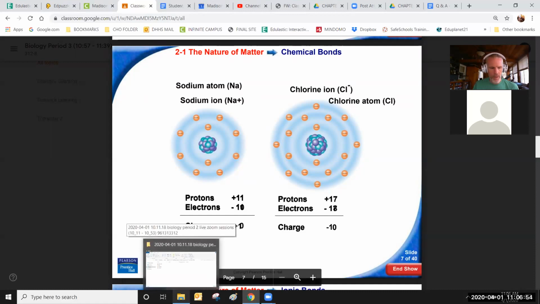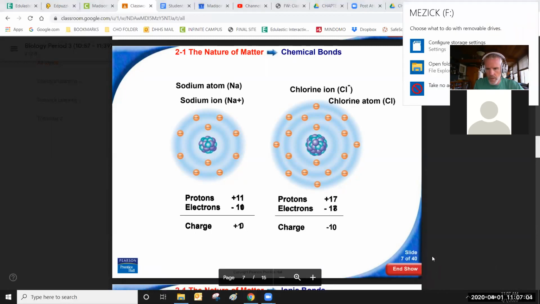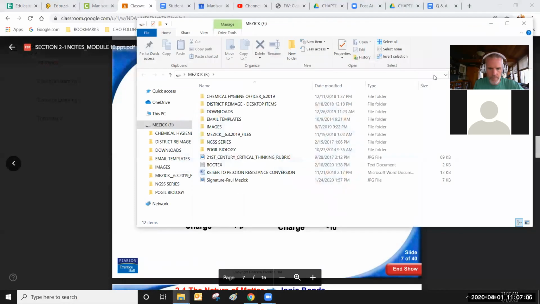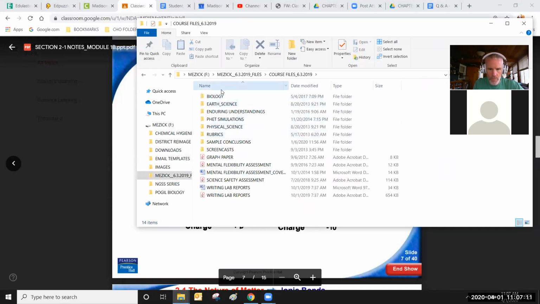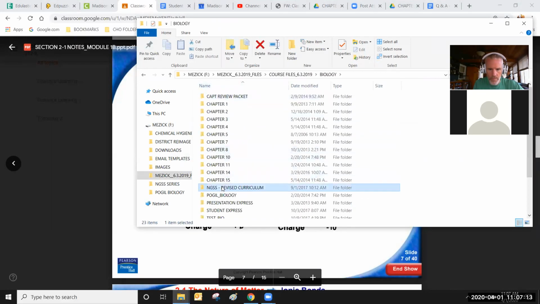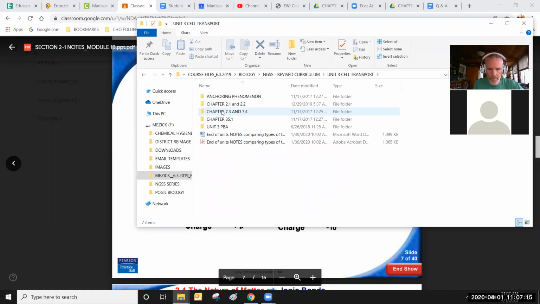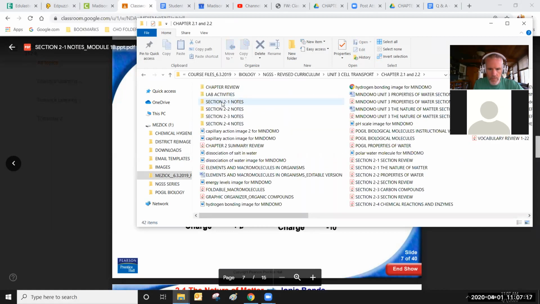How am I going to do this? Give me a second to put my thumb drive in, and I'll show you that animated. Take me 2 seconds here. Course files. Let's make sure where it is. That is correct, and that was 2.1.